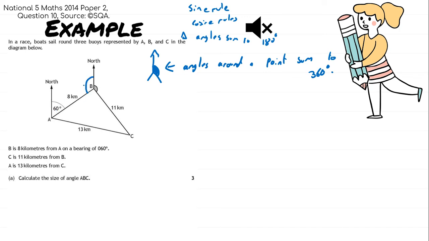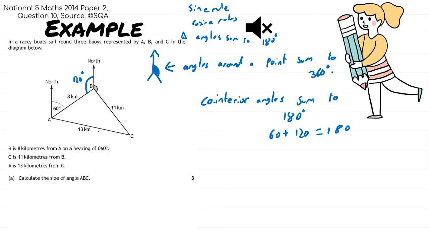What does 60 plus this blue angle add up to? They sum to 180 degrees. So 60 plus 120 equals 180. So this blue angle is 120 degrees.